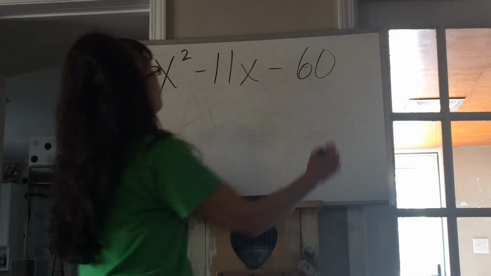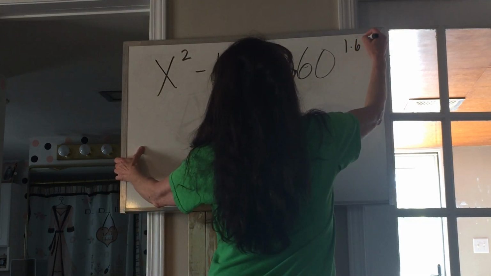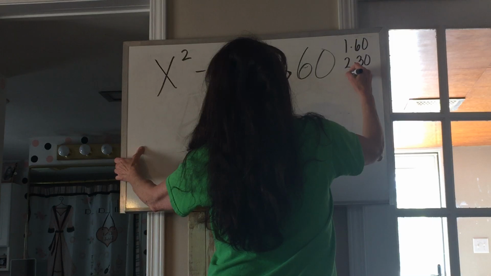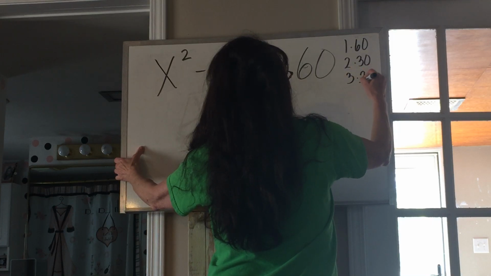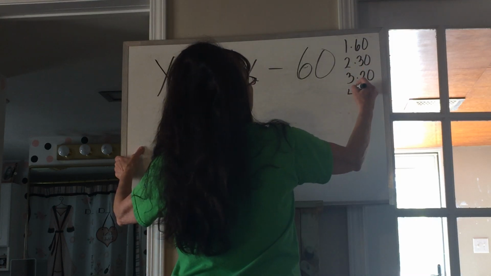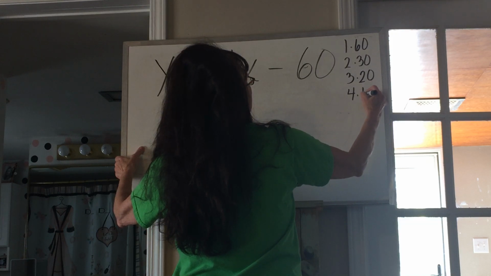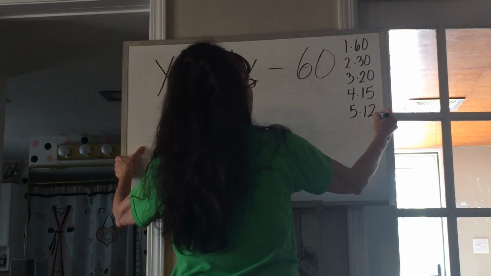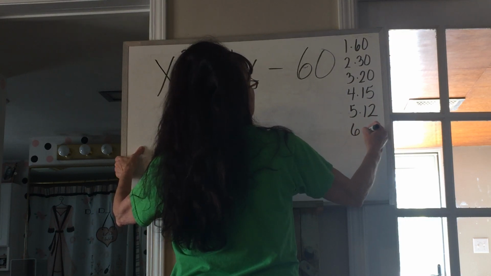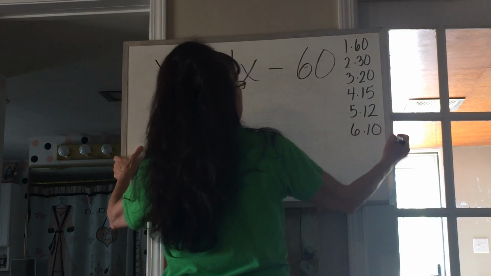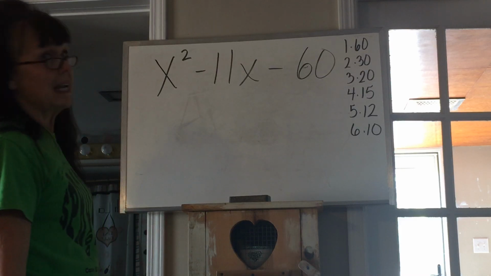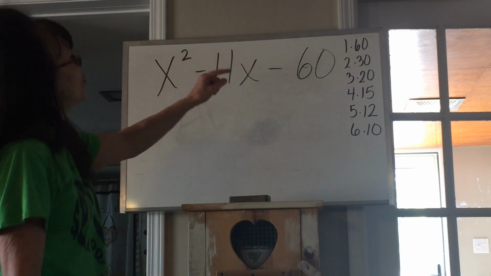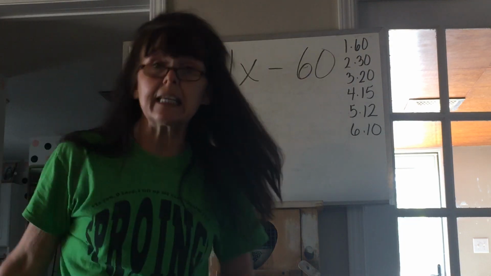Okay, so 1 times 60, 2 times 30, 3 times 20, 4 times 15, 5 times 12, 6 times 10. I think I got all of them. Okay, we got lots of choices. 1, 2, 3, 4, 5, 6 choices.